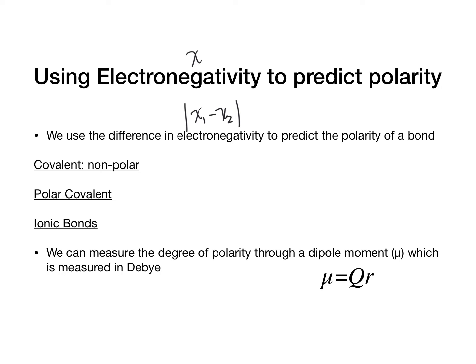So a covalent bond, or a nonpolar bond, has a difference of 0 to approximately 0.4. Polar covalent is 0.5 all the way up to 2.0, and an ionic bond is 2.1 all the way up to the greatest you can get, which is about 3.3.